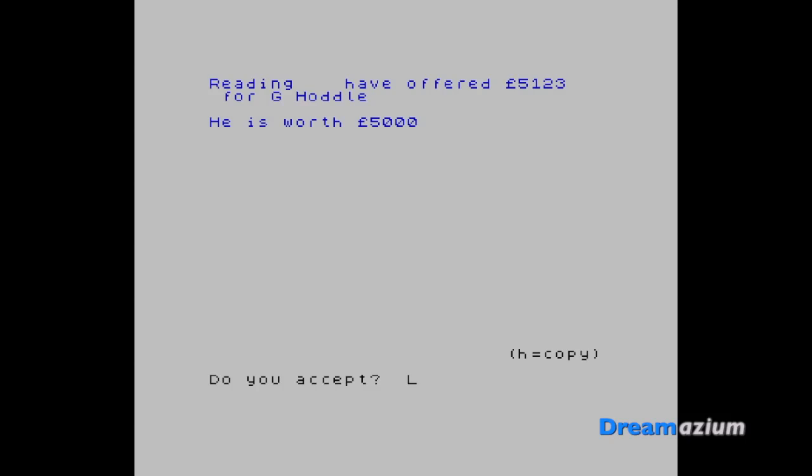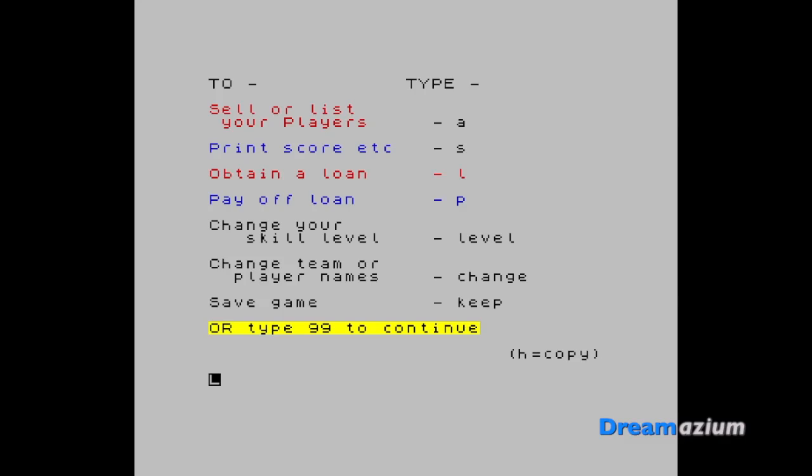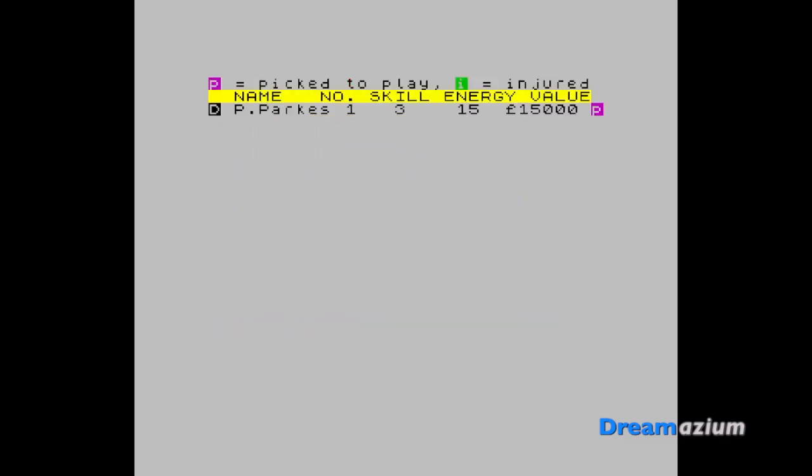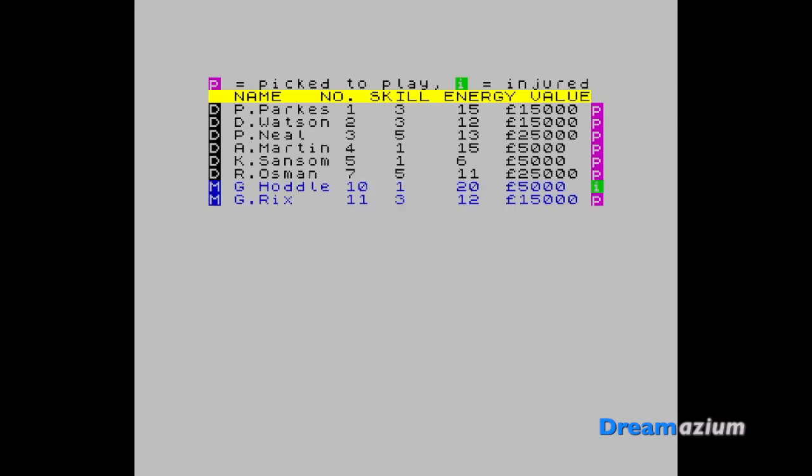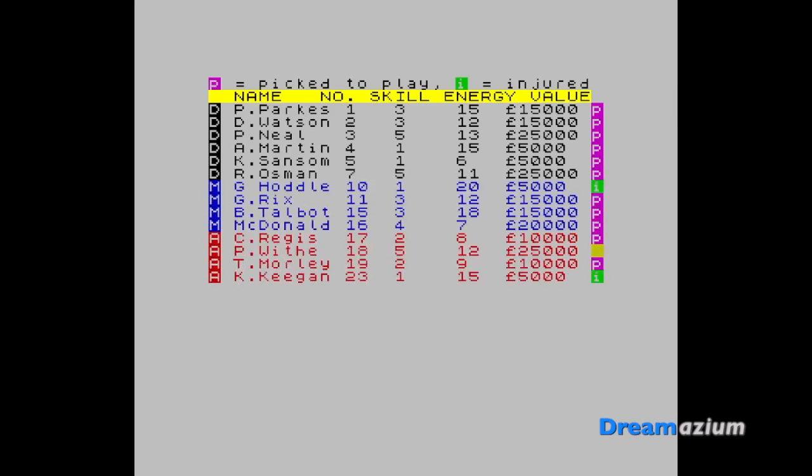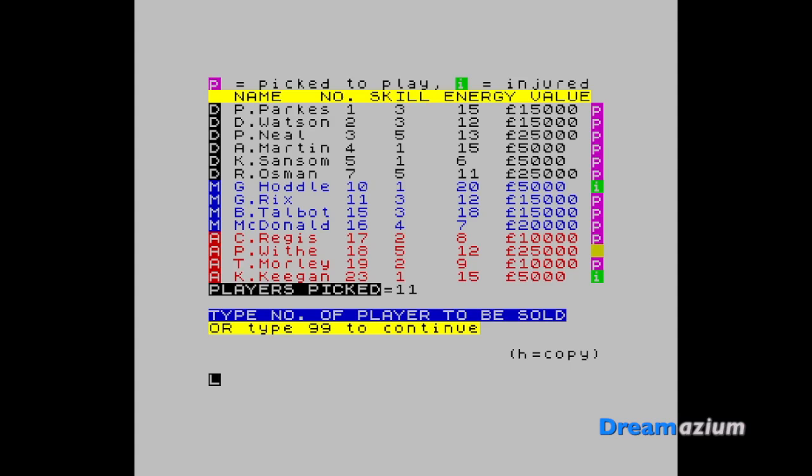5, 1, 2, 3. It's not bad. It's a little bit over what he's worth. But do we accept that, yes or no? Let's say no, just to see what happens. Okay, so if I put him in again, will I be able to put him back on the market? I can't now, because if you refuse the bid, they then become injured.